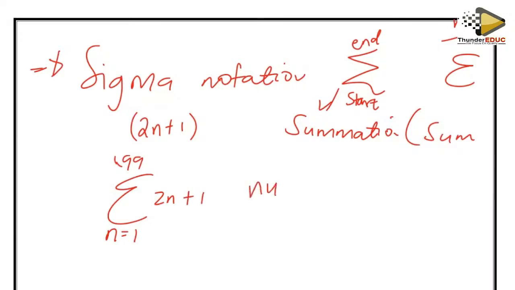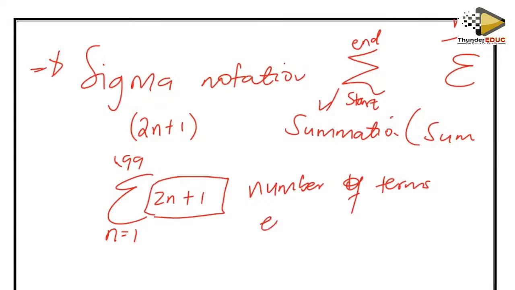Now, for us to get the number of terms of this progression, you get the end minus the start, and then plus 1. So in this case, it would be 99 minus 1, plus 1, which means we have 99 terms for this particular progression.